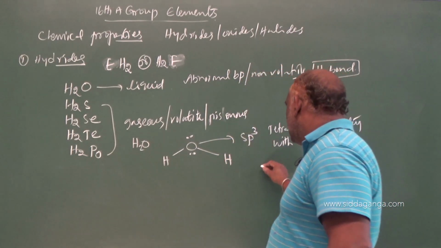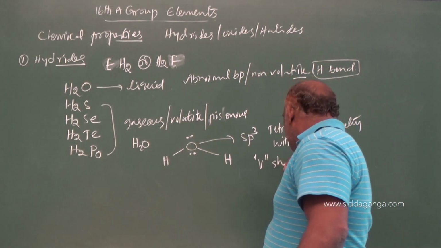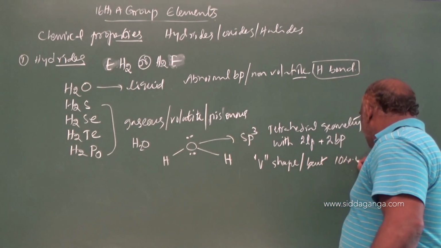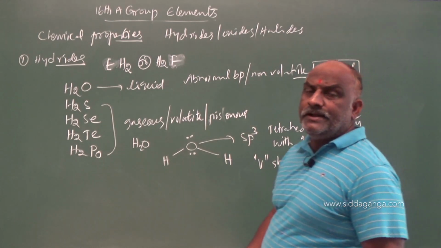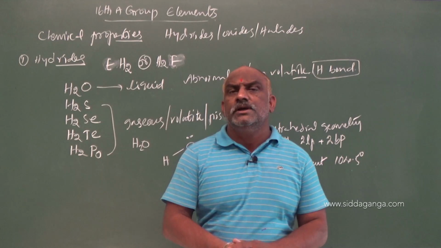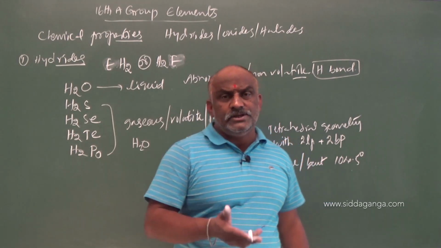So it is nothing but a V shape or bent shape, and the bond angle is 104.5 degrees. The bond angle in the water molecule is 104.5 degrees due to valence shell electron pair repulsions.